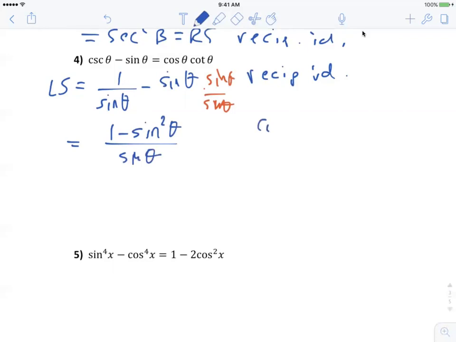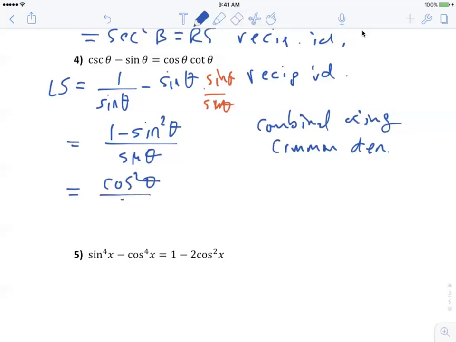What I did there is I combined using a common denominator. Now I'm feeling good because at top I recognize it. 1 minus sine squared is cosine squared.